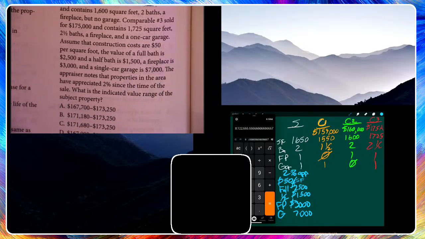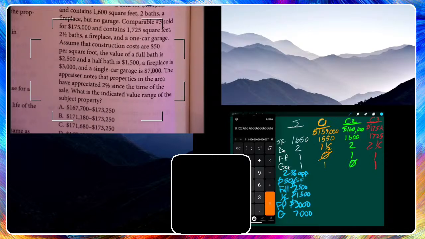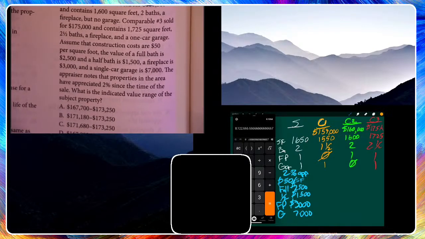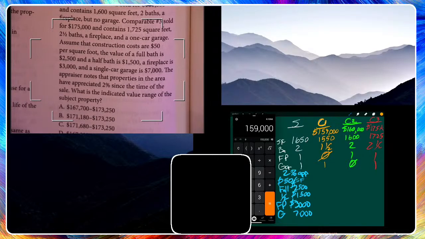Whenever these things actually sold, the one for 159, the one for 160, the one for 175, since then the market has appreciated by 2%. So instead of 159, today this one would have sold for 159 plus 2%.